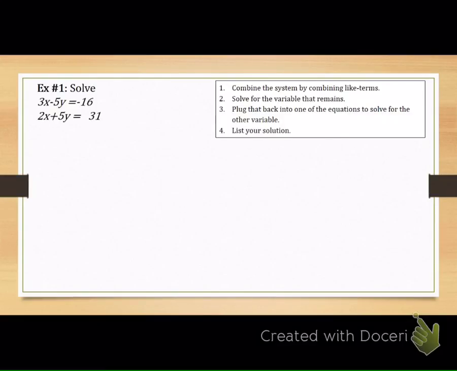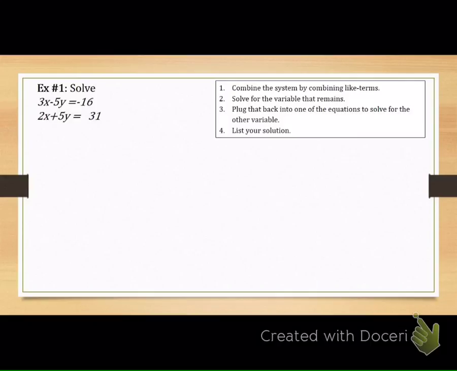So here's how this works. You're going to combine the systems by combining like terms. So the first thing you need to know with elimination is that you need to look at your lineup and see that it's in a standard form-esque lineup. It's not exactly standard form because you don't have to follow all of those rules. But x and y are on the same side of the equation.